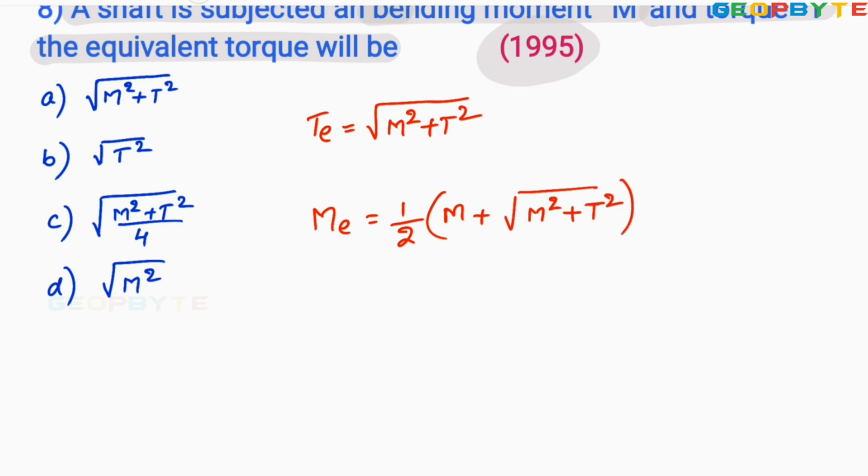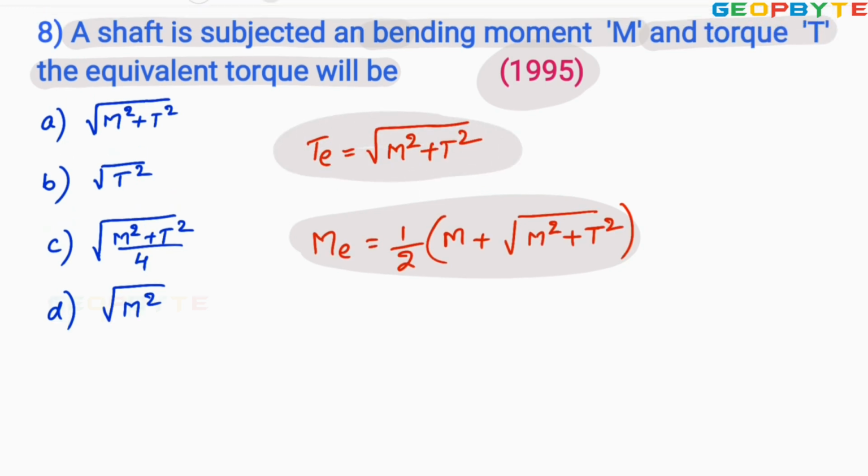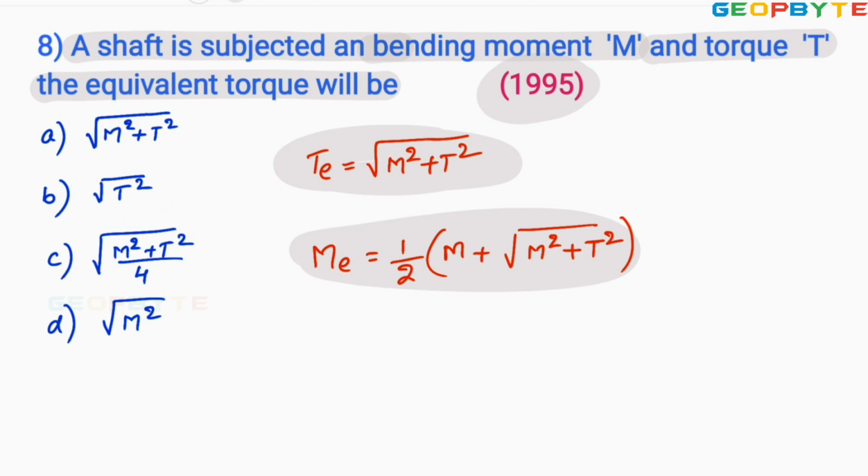So this is the equivalent bending moment and this is the equivalent torque. For this problem, since it is asked equivalent torque, the equivalent torque is root under M square plus T square. Therefore, option A is absolutely correct.